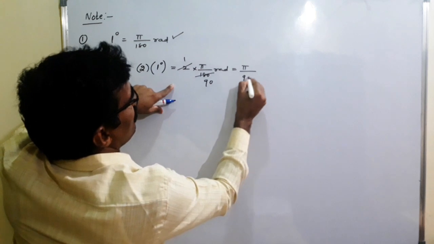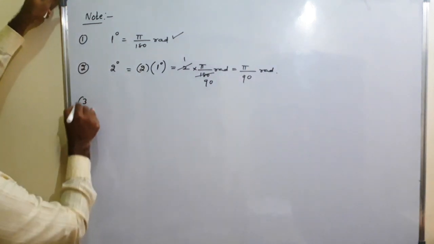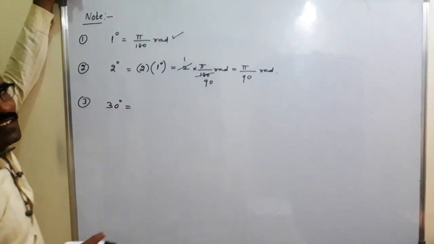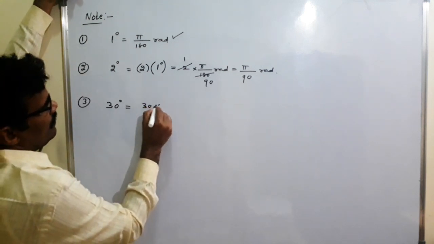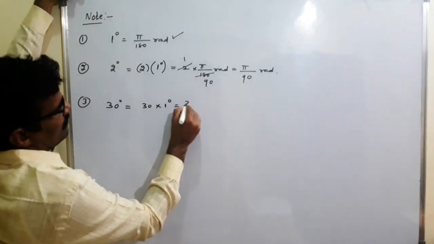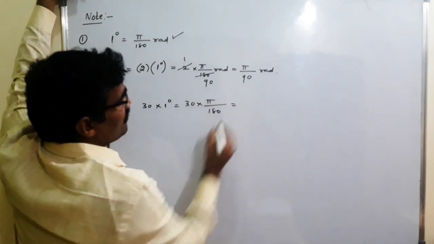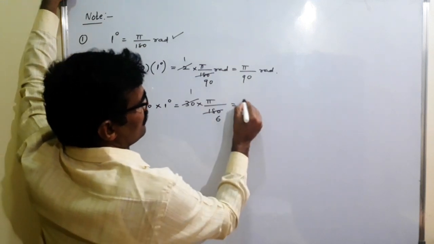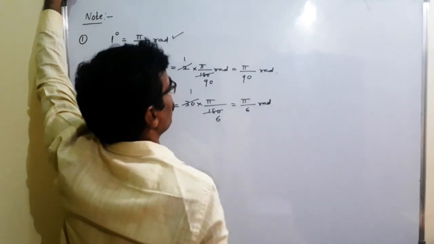That's why pi by 90 radian. Students, next 30 degrees in terms of radian. 30 into 1 degree. 30 into pi by 180, which is equal to pi by 6. That's why this is pi by 6 radian.